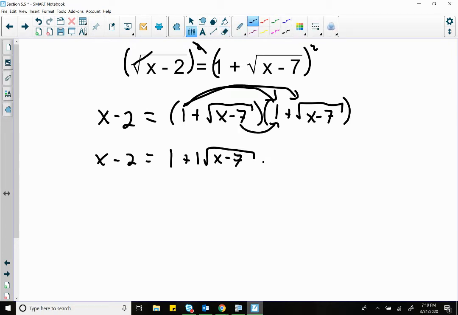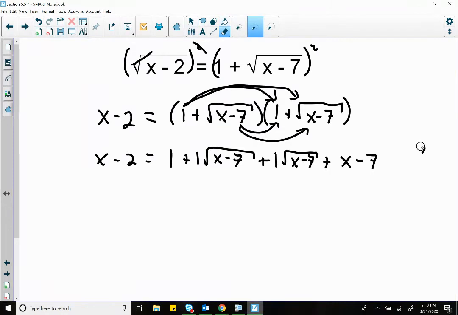Multiplying the inner, again, that's another positive 1 square root of x minus 7. And last but not least, what happens when I take 2 radicals that are the same and multiply them together? The information underneath pops out. So the square root of x minus 7 times the square root of x minus 7 is just x minus 7.